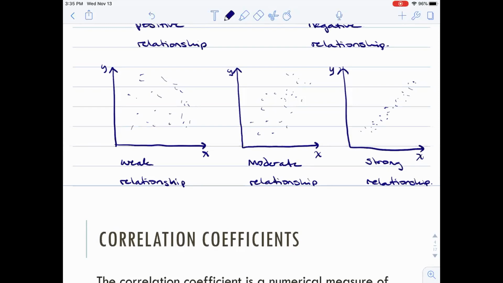And we'll focus on linear relationships. If we had to describe this relationship, I would use a straight line, right? There's no reason to not use a straight line for any of these, especially this one.